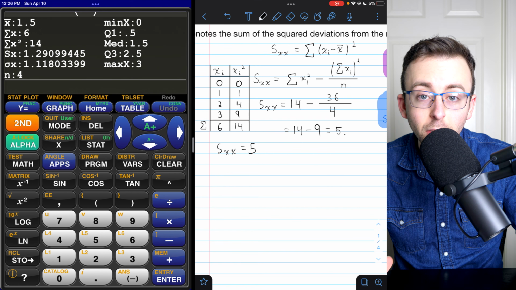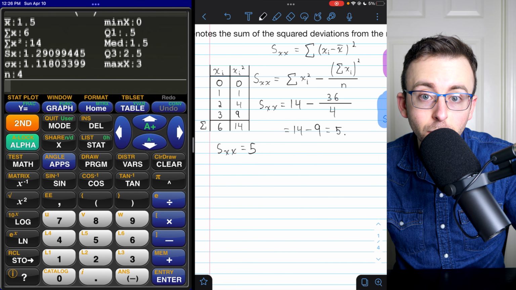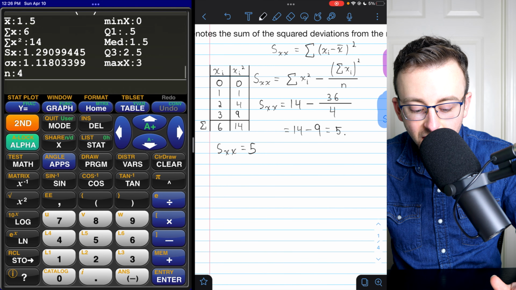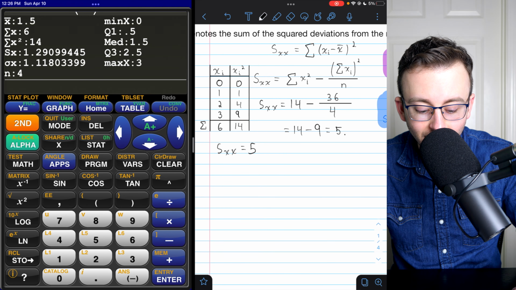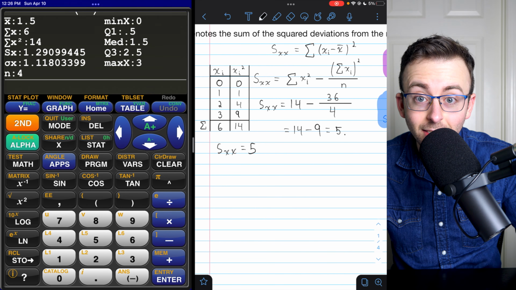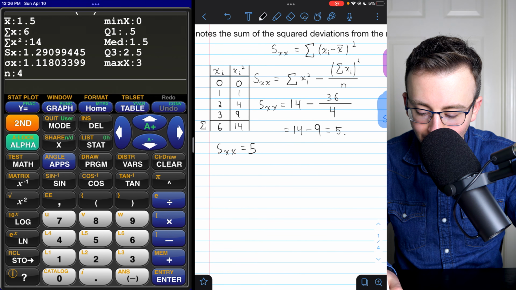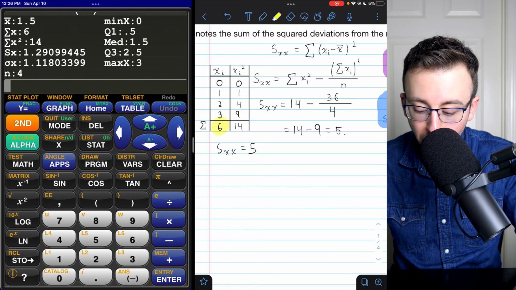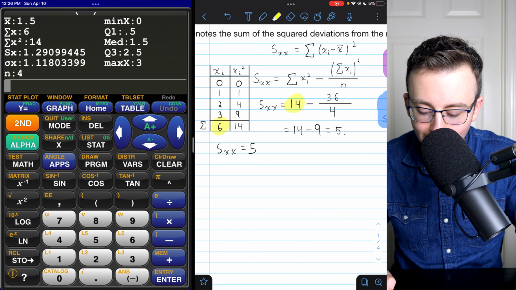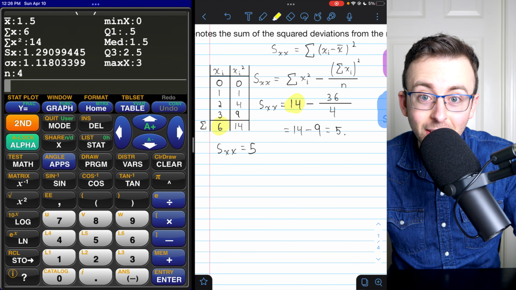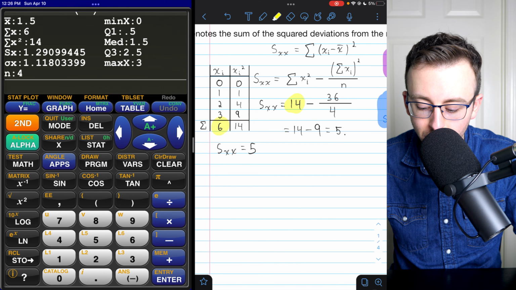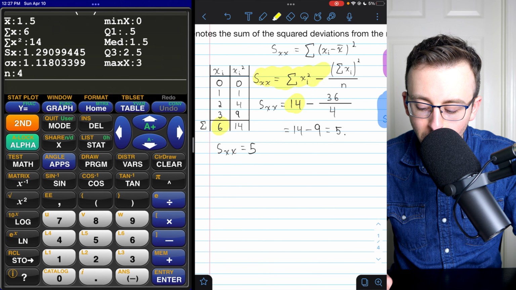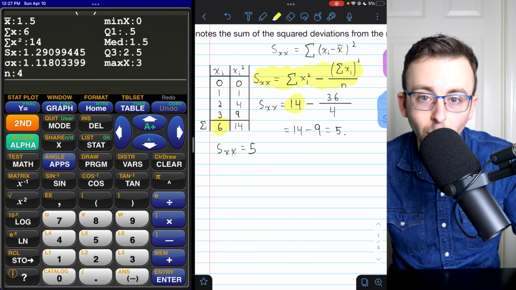And now I get a bunch of stats with that list of numbers. And here in the calculator, what you see right below x bar is the sum of x's. That's the sum of the data values, which is 6, just like we calculated. And then below that, you see the sum of the squares, which is 14, which is also just like we calculated. Those two numbers can be used to carry out the computation in the shorthand formula.